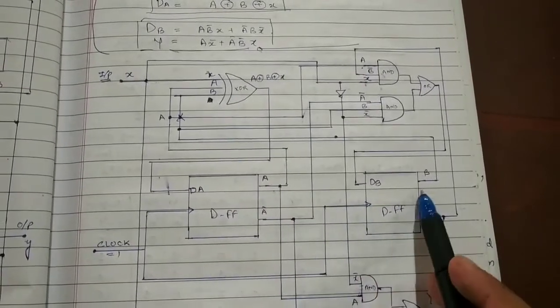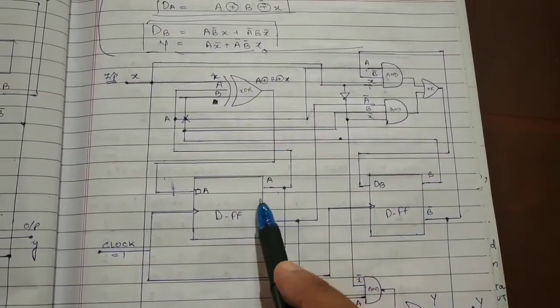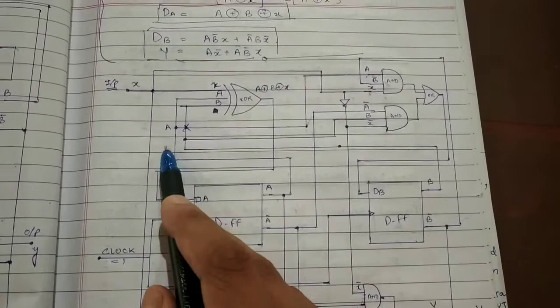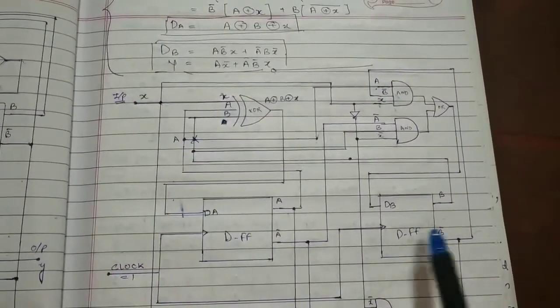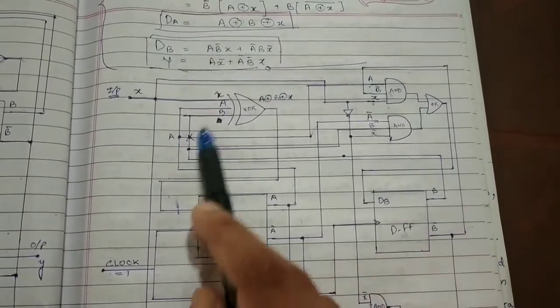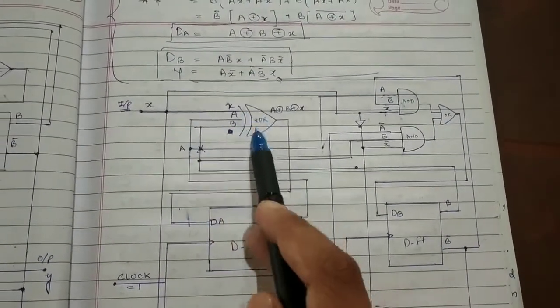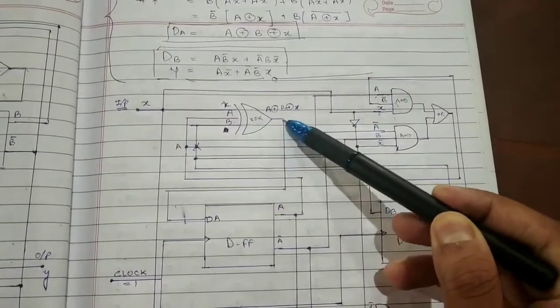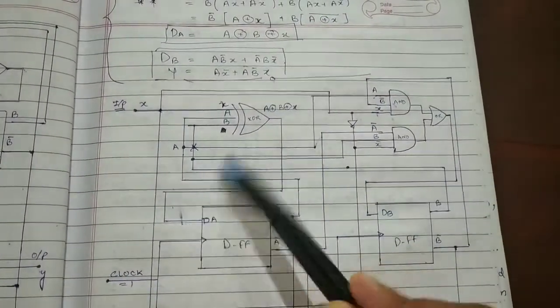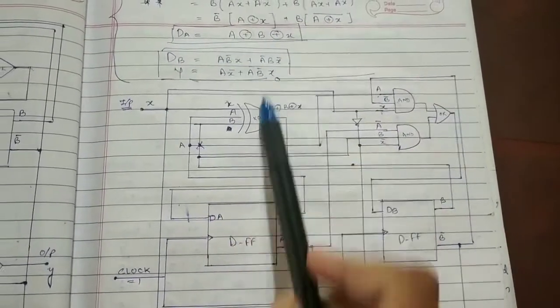For DB we have B and B bar. So from here we can take the A input and the X individual input, and the B input we can take from this flip-flop. So we will XOR them. We get A XOR B XOR X. The output is given to the input DA, as DA is A XOR B XOR X.